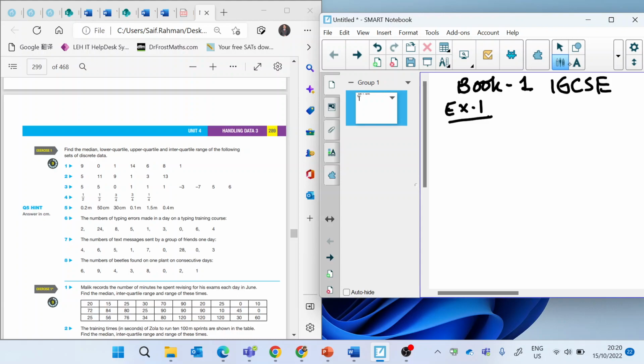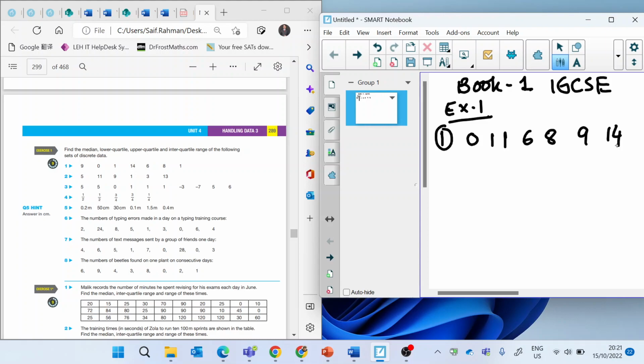The first task is to put all this data in ascending order, from lowest to highest: 0, 1, 1, 6, 8, 9, 14.